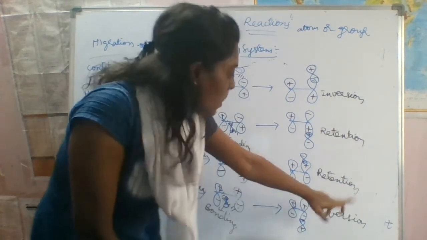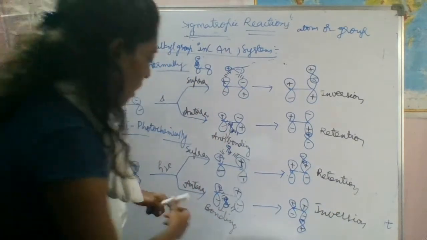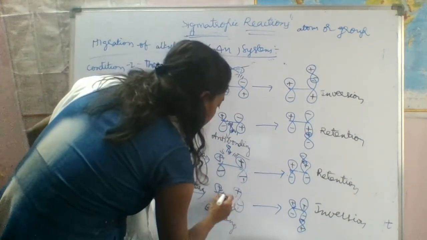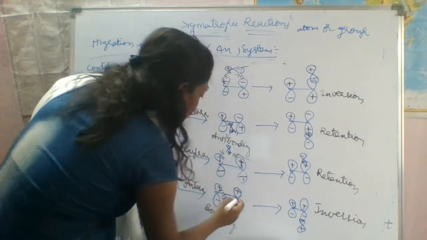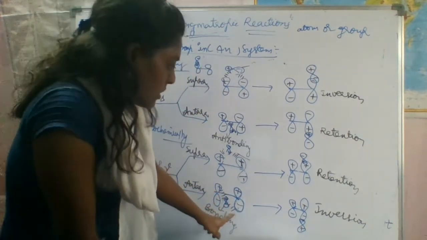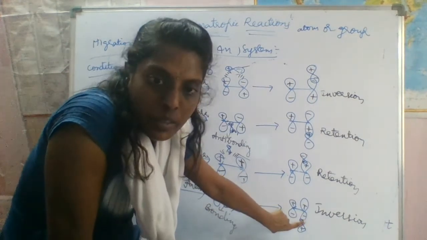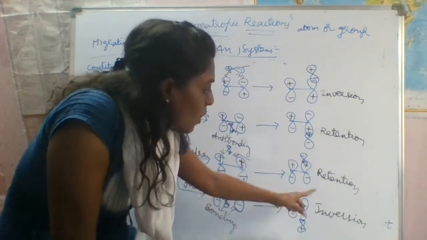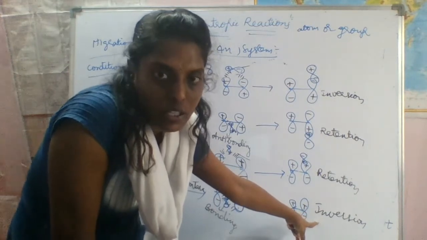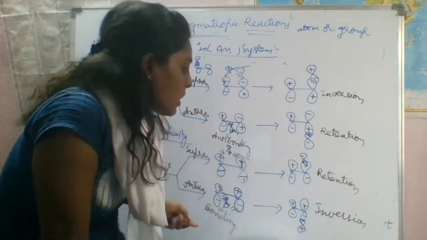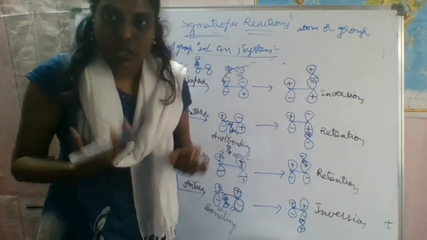Here also this will give the inverse configuration. See here minus lobes are formed, so that's why it is called inversion configuration. Let's see the 4n plus 2 system.